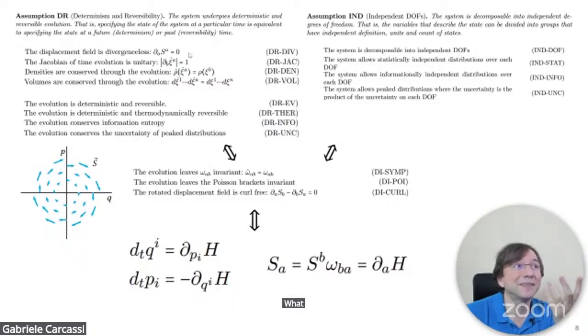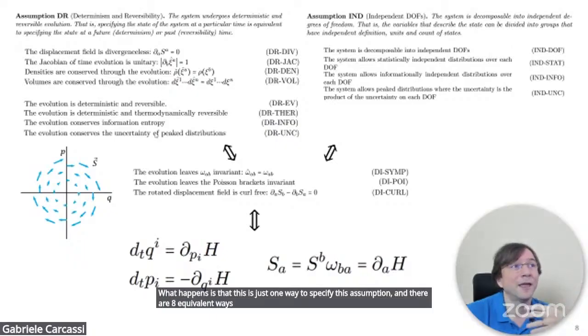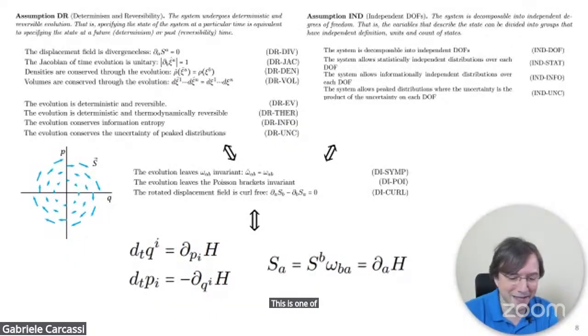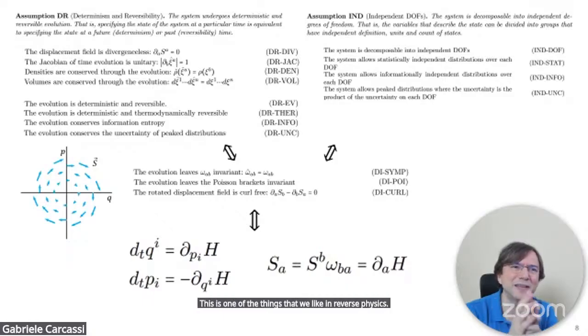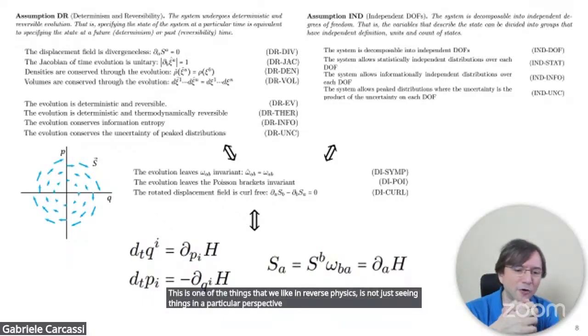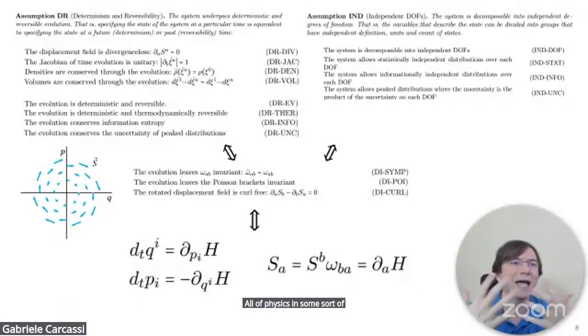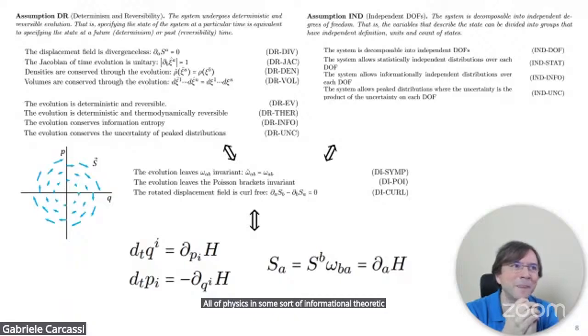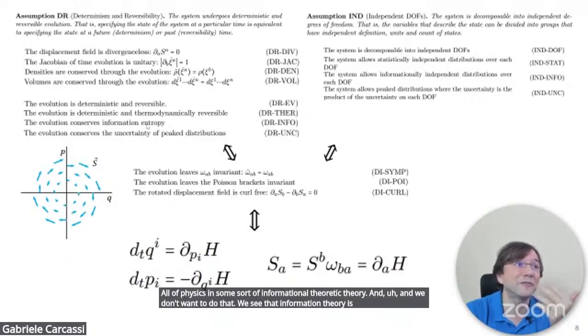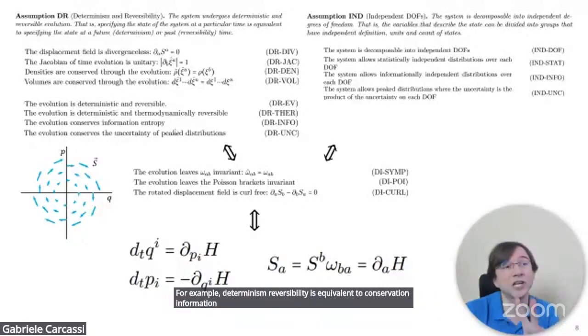What happens is that this is just one way to specify this assumption, and there are 8 equivalent ways. So this is one of the things that we like in reverse physics: it is not just seeing things from a particular perspective. There are a lot of people that like information theory, and then they want to turn all of physics into some sort of information theoretic theory. And we don't want to do that. We say that information theory is going to be important. For example, determinism and reversibility is equivalent to conservation of information entropy. But we don't just want to have that perspective.